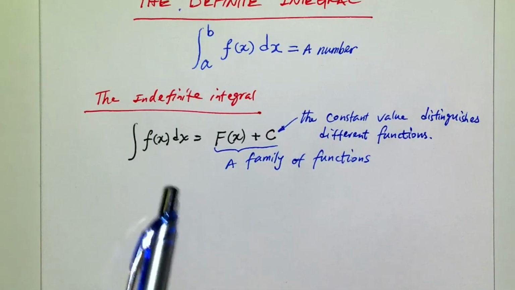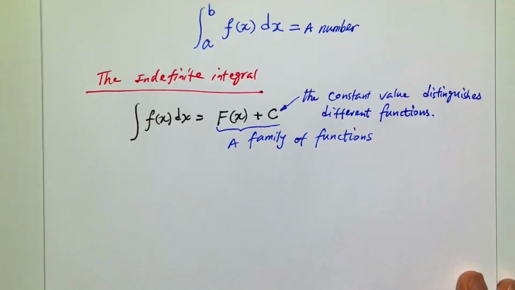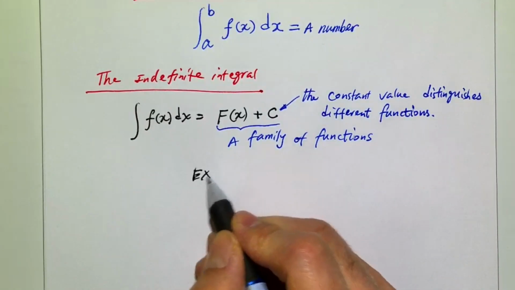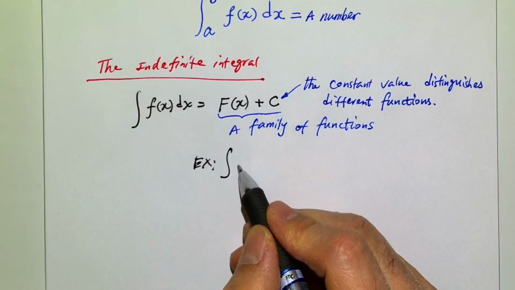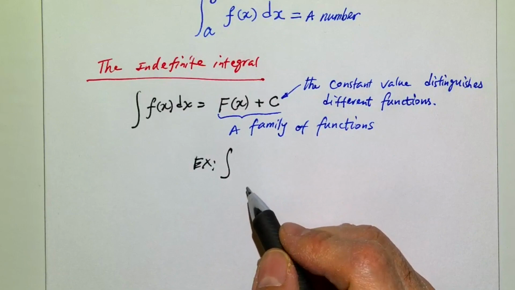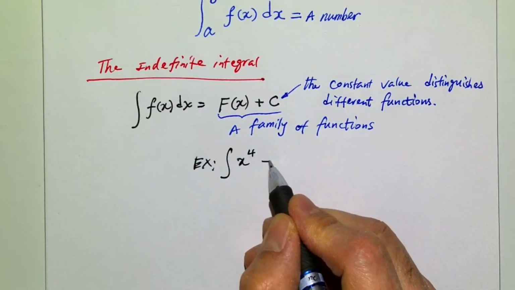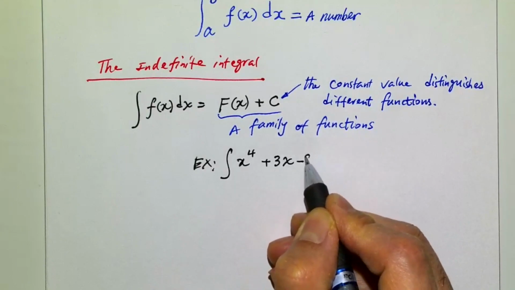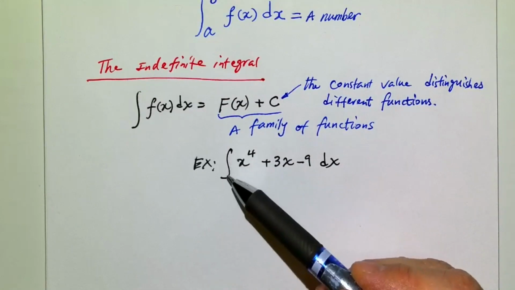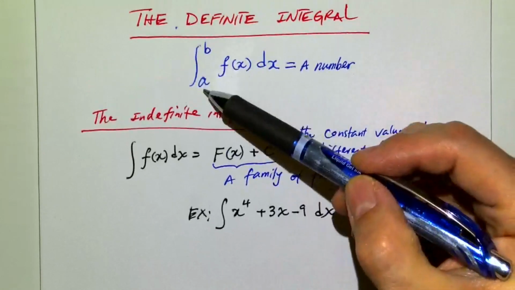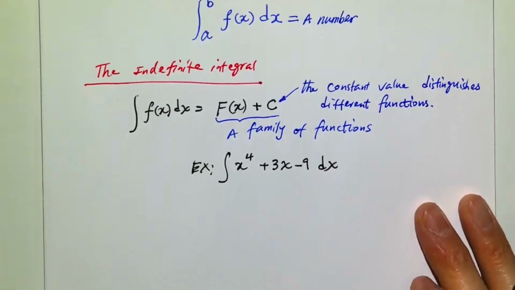All right, so what would be an example of an indefinite integral? You've seen this before when we talked about antiderivatives, but let me just remind you. Suppose we have the integral of, let's pick an easy one, x to the 4th plus 3x minus 9 dx. This is clearly an indefinite integral because it has its lower and upper limits missing from the integral notation.